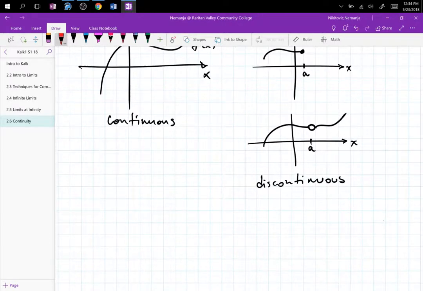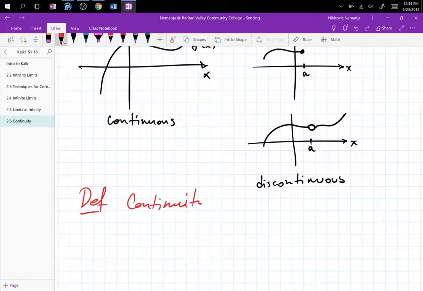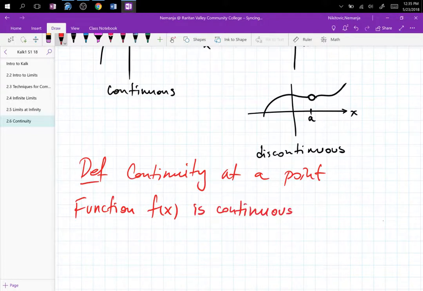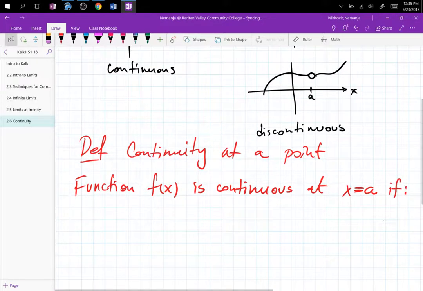So we start with the definition, continuity at a point. Function f of x is continuous at x equals a if, and now we have 3 conditions that the function has to meet in order to be continuous at point a.